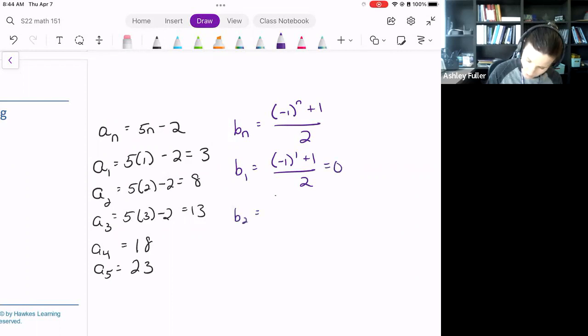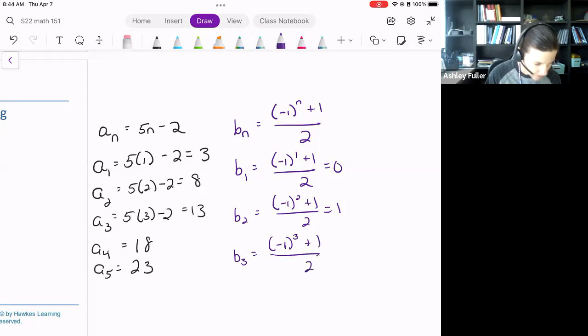B sub 2, we have -1 squared plus 1 over 2, which is 1. B sub 3, notice we go back to 0 when we cube the -1. And if you continue that pattern, you're going to find that b sub 4 is 1 and b sub 5 is 0. This just shows you that terms can occur more than one time in a sequence.